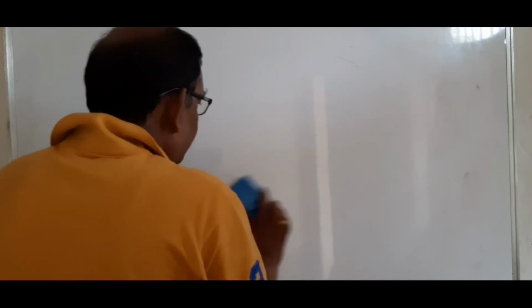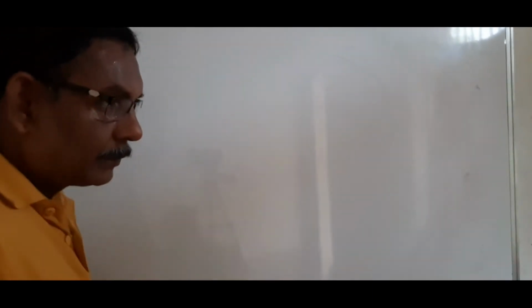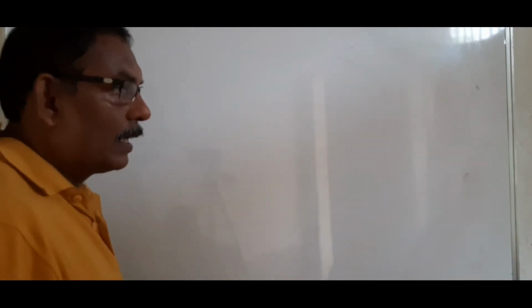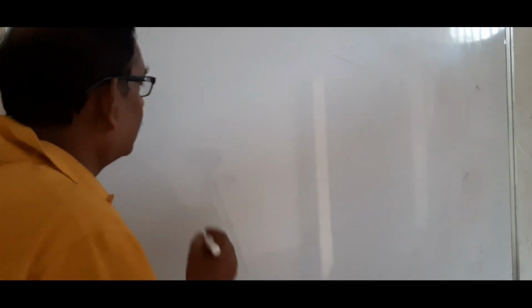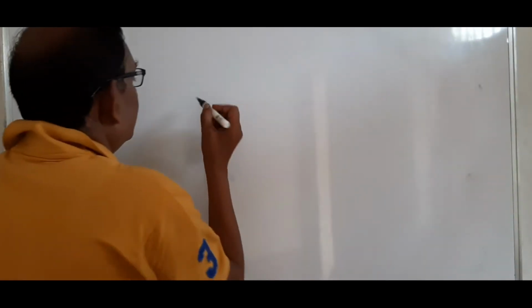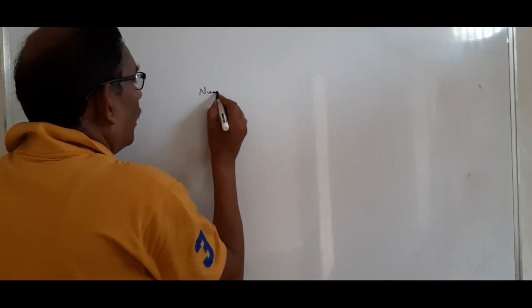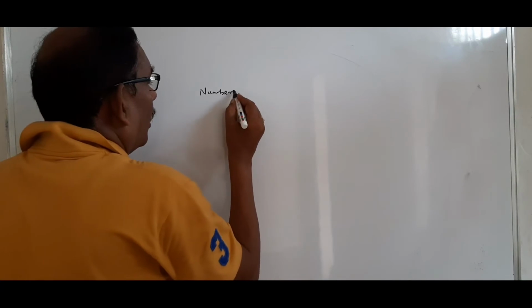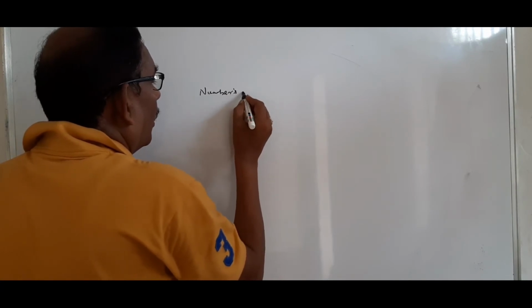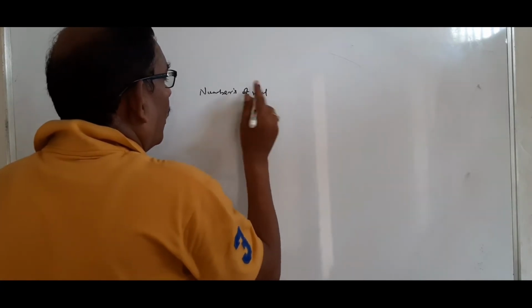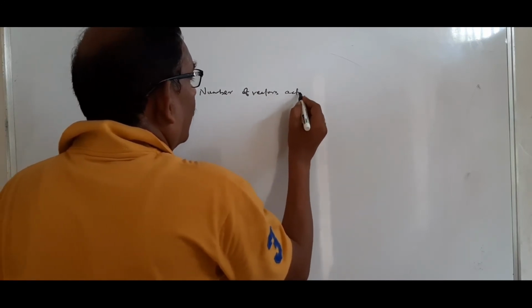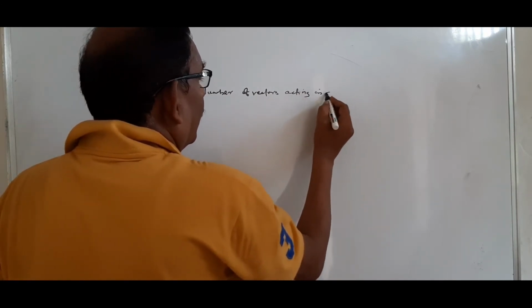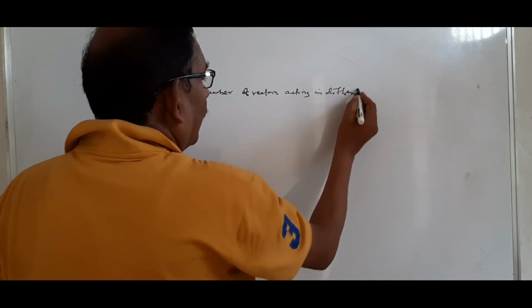Now the addition of vectors, a number of vectors acting in different directions, by using the polygon law of vector addition. Number of vectors acting in different directions.